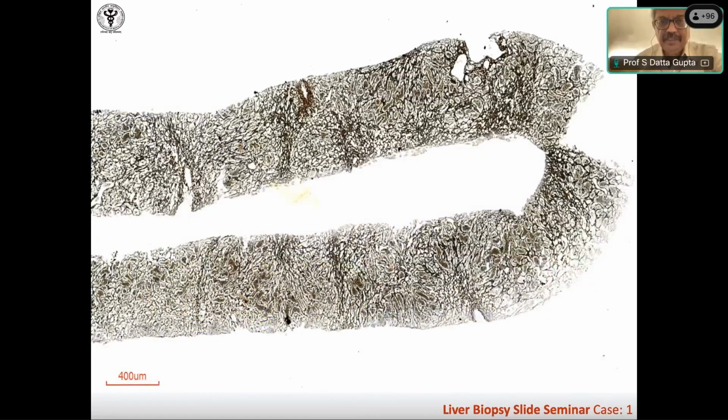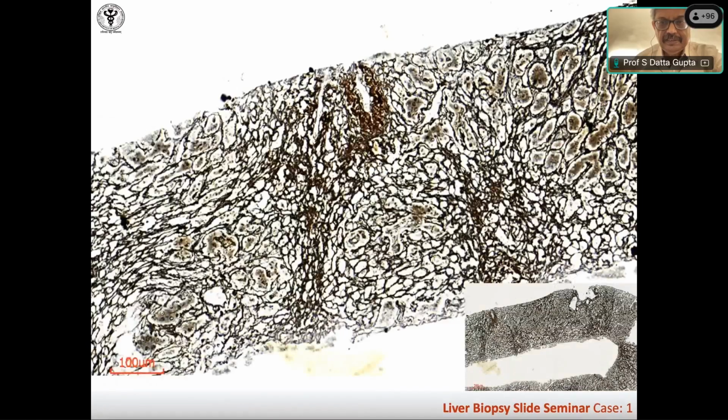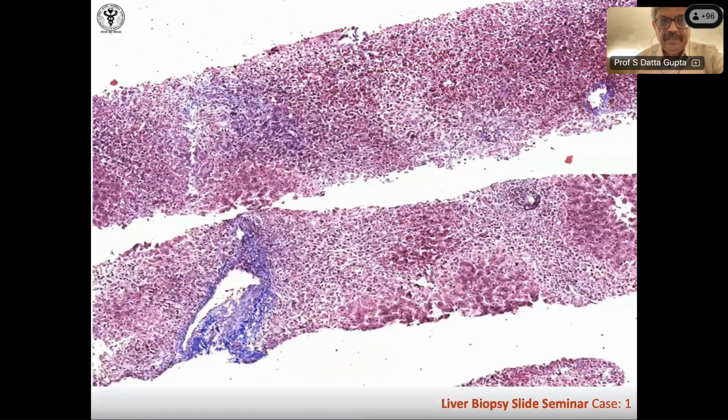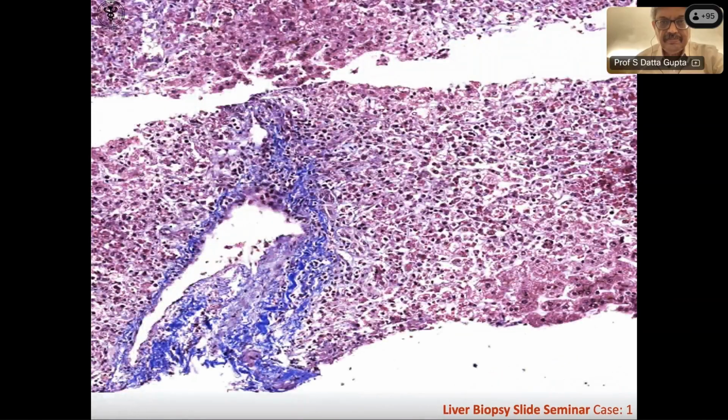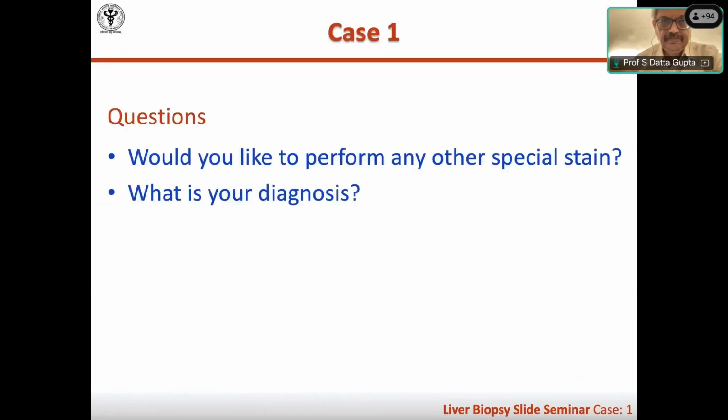This is the reticulin stain. This is the Masson's trichrome. Higher power. So would you like to perform any other special stain, and what is your diagnosis? Whatever background I've told till now.